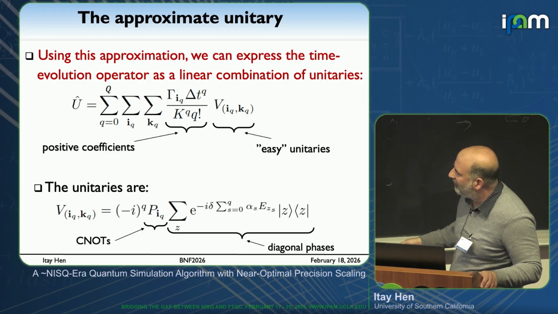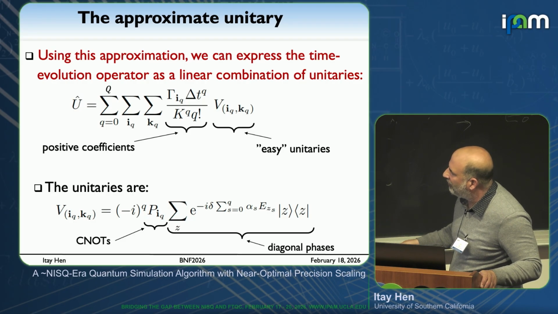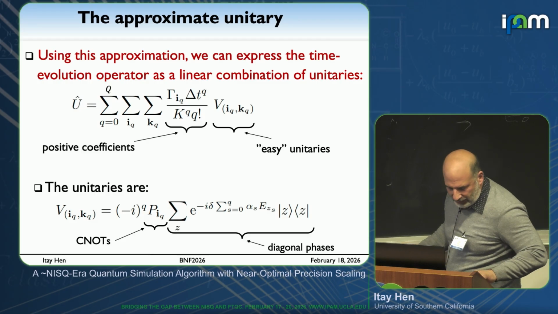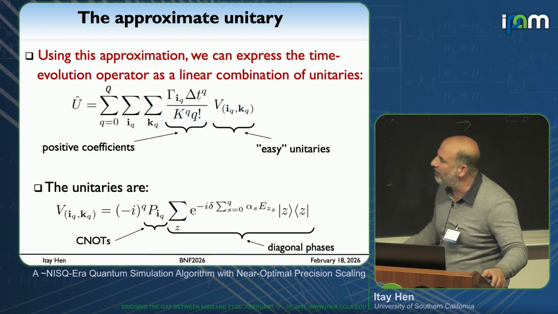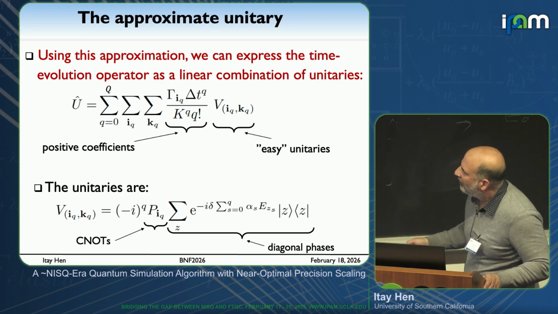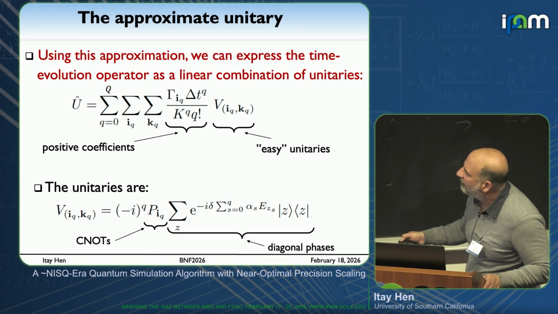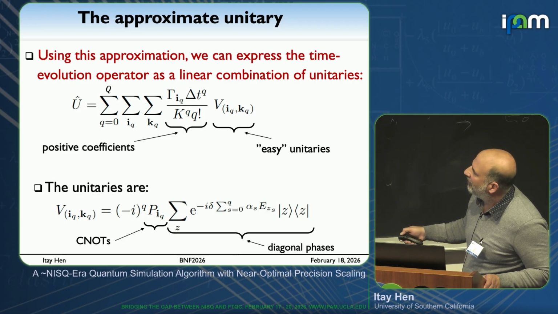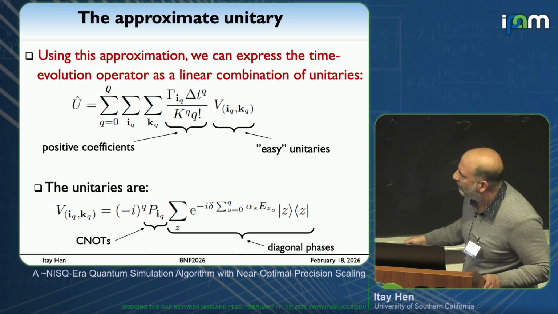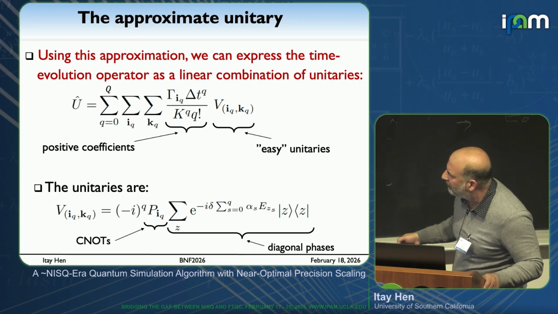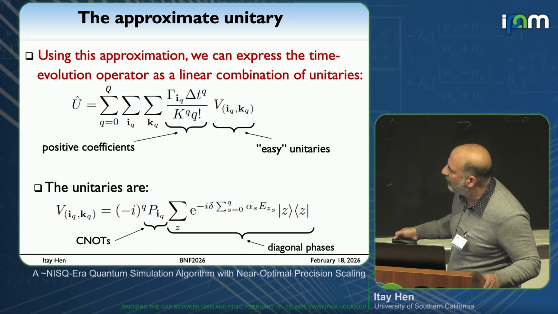For every z, you have one phase. So this is an actual unitary with a phase. Because I don't have a lot of time, I will just tell you that the controlled unitary is a linear combination of unitaries, because this is a constant, and this is an actual unitary because it's a product of C-nots, these are the P's, and a diagonal phase.